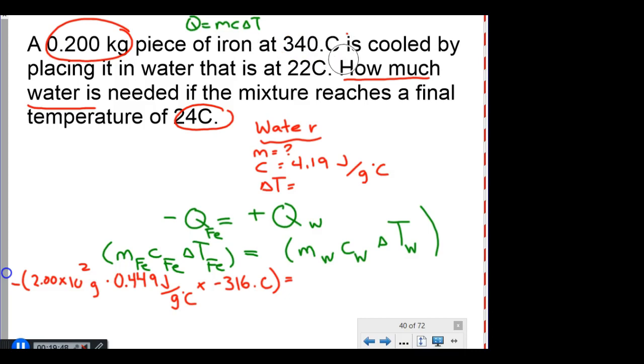However, the water itself starts at 22 degrees Celsius and then ends at 24 degrees Celsius. So final 24 degrees Celsius minus the initial 22 degrees Celsius gives us a temperature change of 2 degrees Celsius. Please take this information and put it into this.